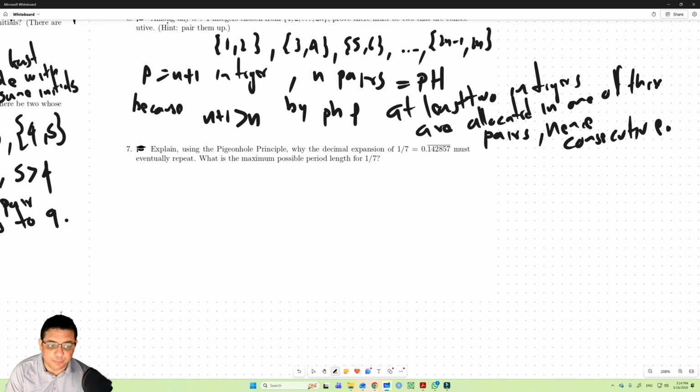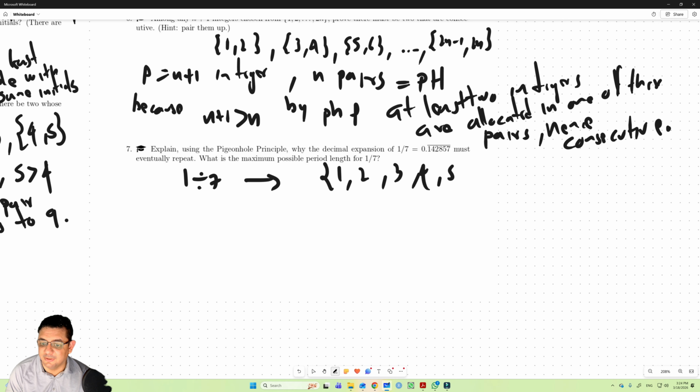Now, if you perform long division of 1 divided by 7, at each step, by the quotient remainder theorem, your remainder is one of the integers 1, 2, 3, 4, 5, 6. It cannot be 0, because otherwise it would be divisible by 7, and it's not.